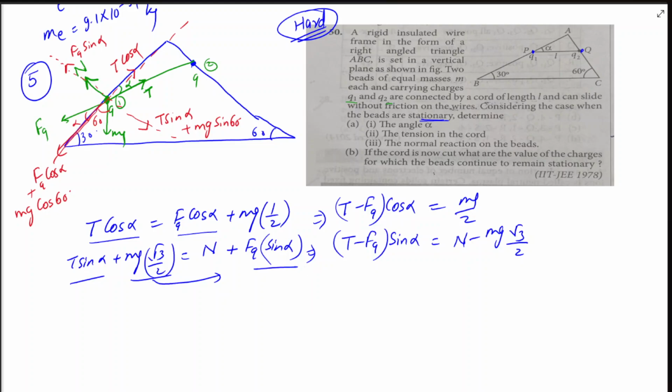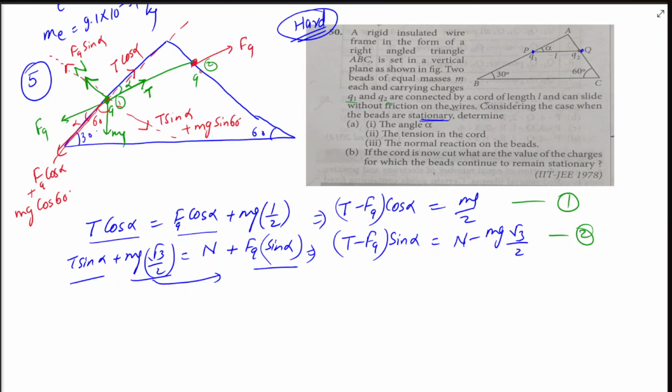Perfect. So this is our first equation and this is our second. Let's resolve the forces on this charge also. So this F will be the same, so I'm just writing it as FQ.